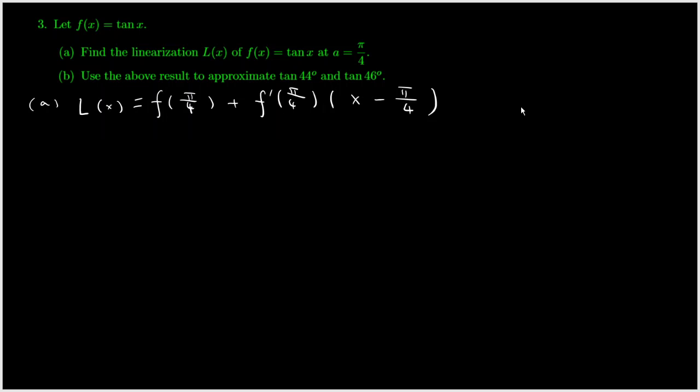This time I might ask you to write the final answer in terms of pi, because you know the approximate value of pi is 3.14 something. In any case, we're going to figure out the two unknown numbers. After we get the two numbers, we can get a linear function.